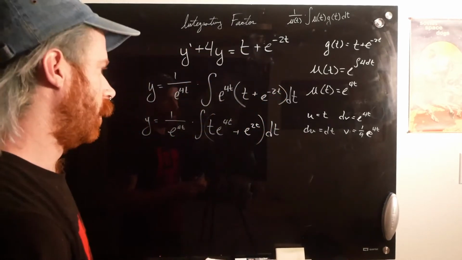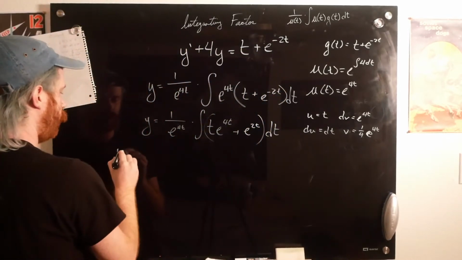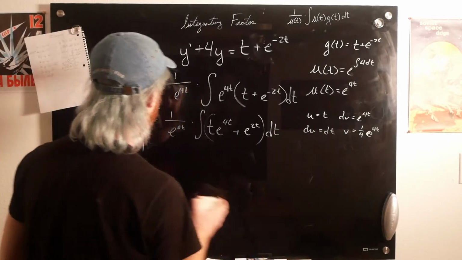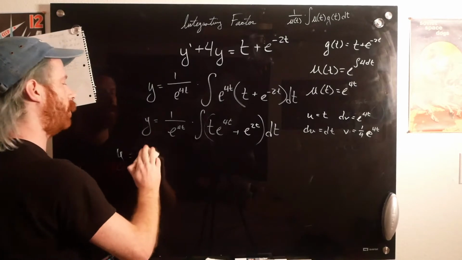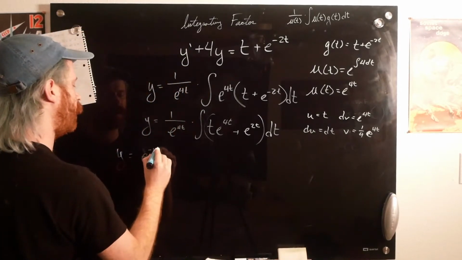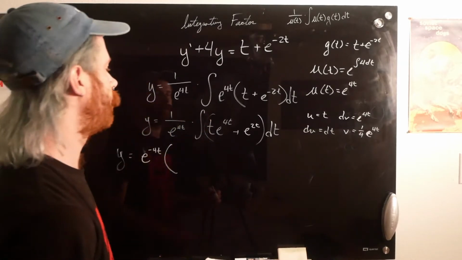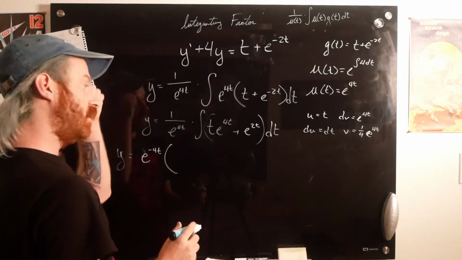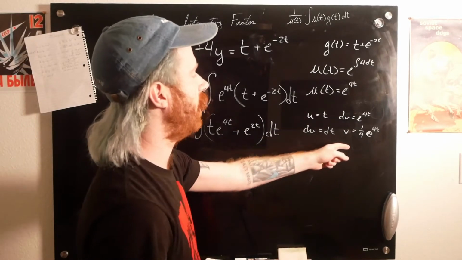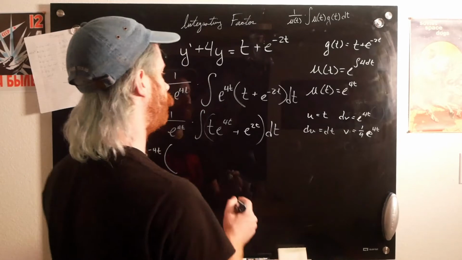Okay. So now we do y equals... Instead of using 1 over e to the 4t, just to make it look a little bit nicer, I'm going to use e to the negative 4t. I hope you understand it's the same thing. So e to the negative 4t multiplied by the integral of t times e to the 4t. Well, we know by parts that it's uv minus the integral of v du.